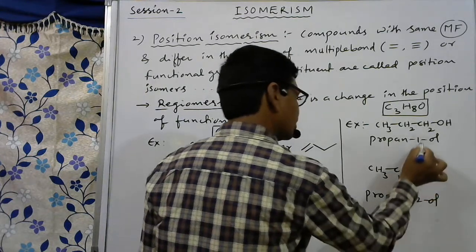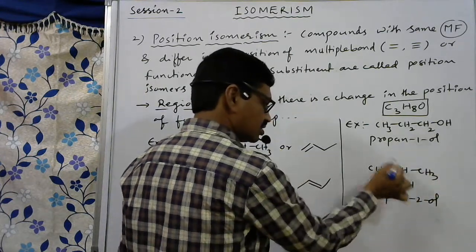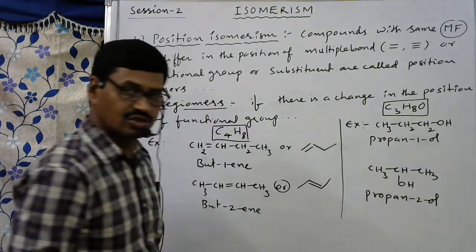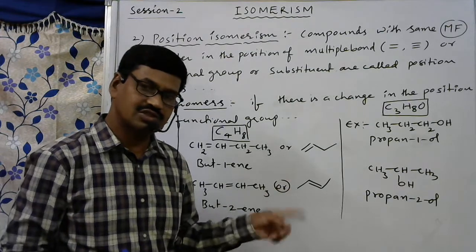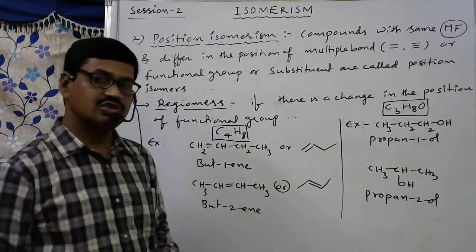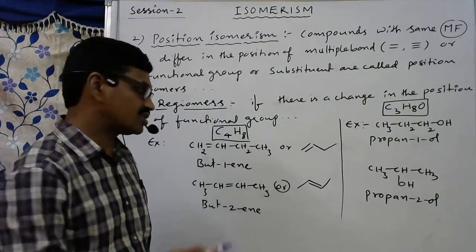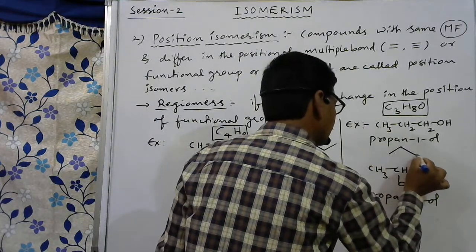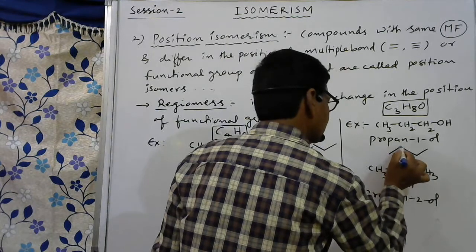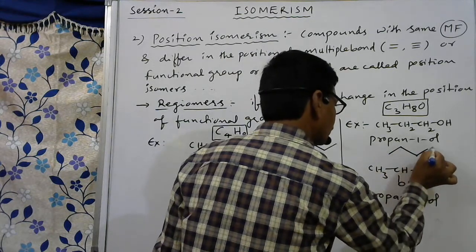Here the OH group is present on the first carbon, and here on the second carbon. So there is a difference in the position of the OH group. OH is a functional group, so we can say it is region related, place related. In bond line form, we can write it like this: CH3, CH2, CH2, OH.